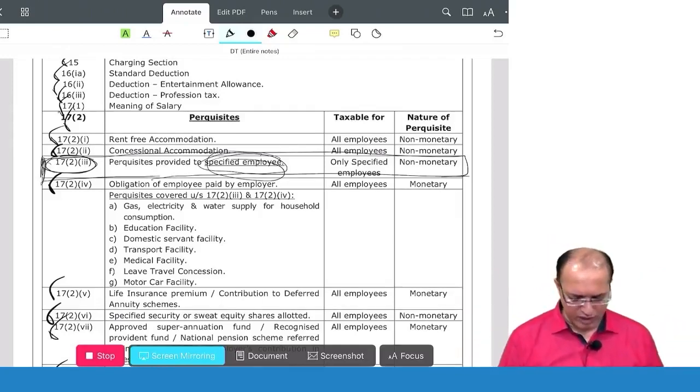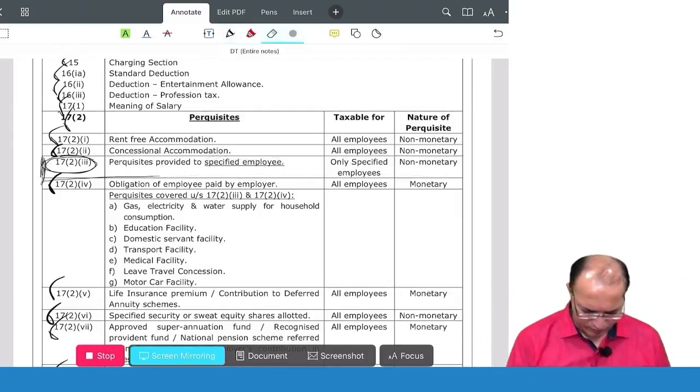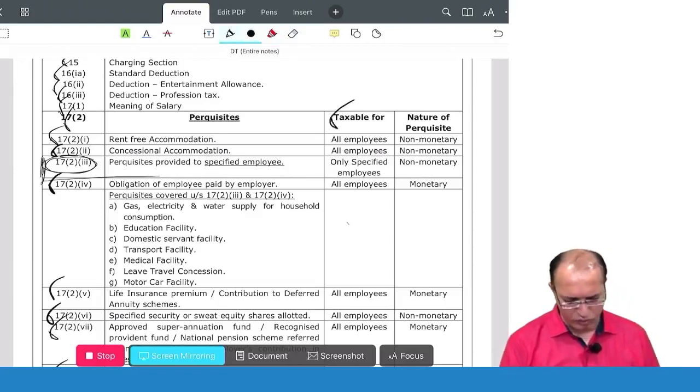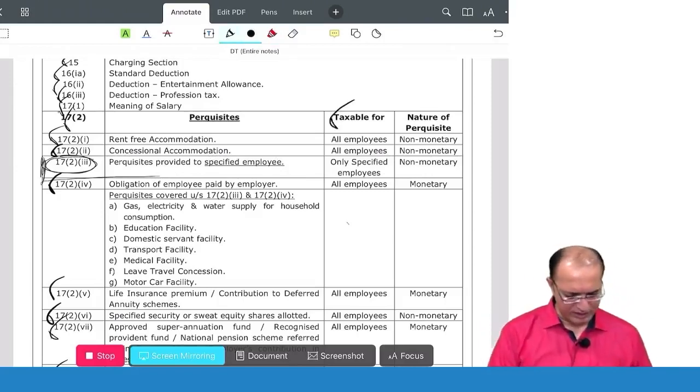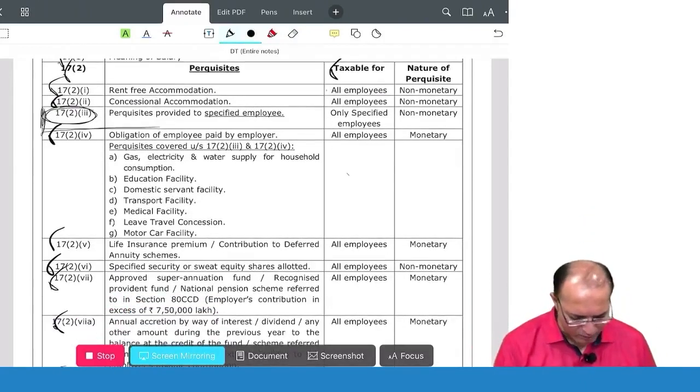So if you refer to this column, taxable for whom? Against every section I have written all employees.